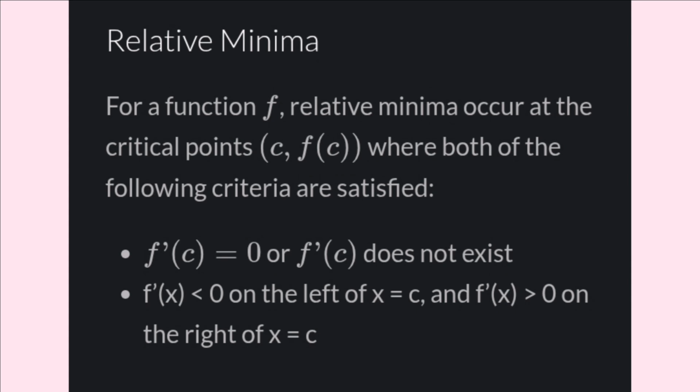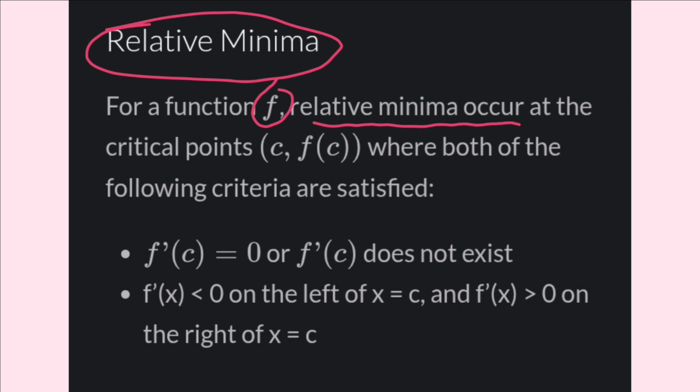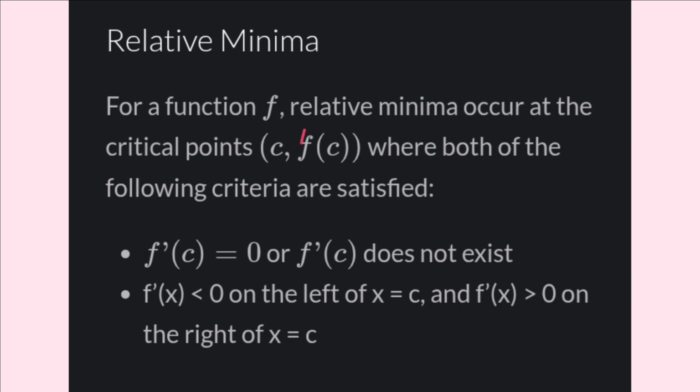Now, relative minima. Critical points on which relative minima occur. This is the second type of critical point. For a function f, relative minima occur at the critical points whose first coordinate is c and second coordinate is f of c, where both of the following criteria are satisfied.